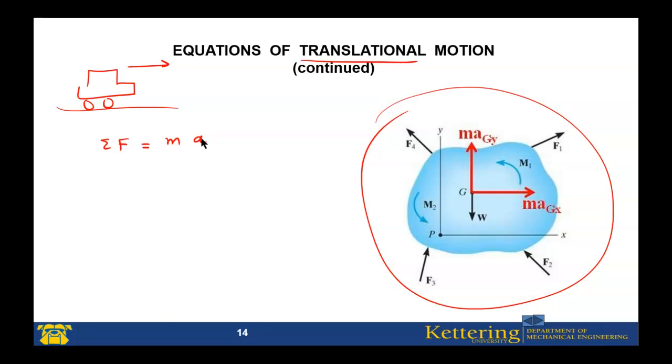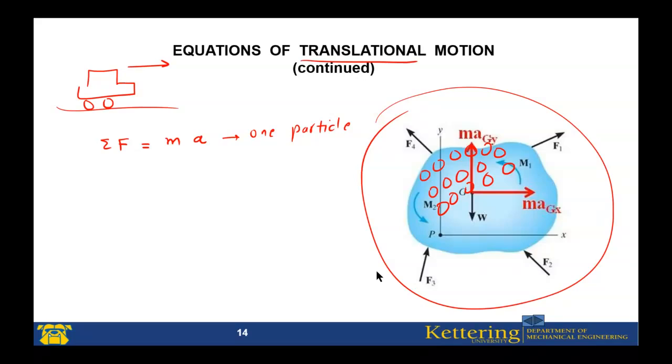I used this one for the equation of motion. However, this was only for one particle. How about a rigid body that consists of several particles? How can we write this equation?